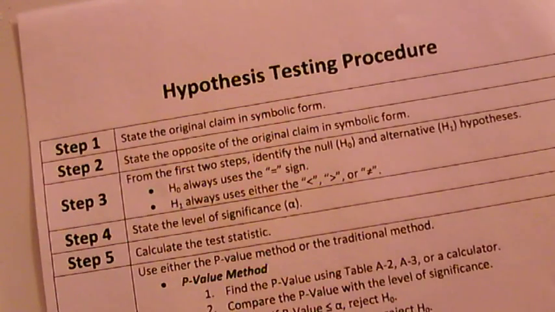So in those two examples, we were given calculator handouts or software displays to help us reach conclusions. Now these next examples, we're going to be applying that hypothesis testing procedure, and that's this sheet that's on Cruiser.